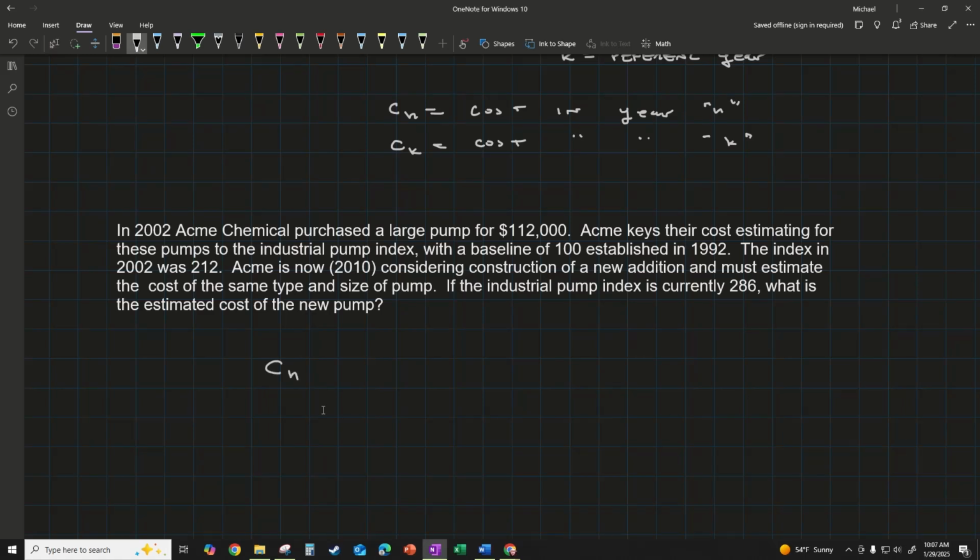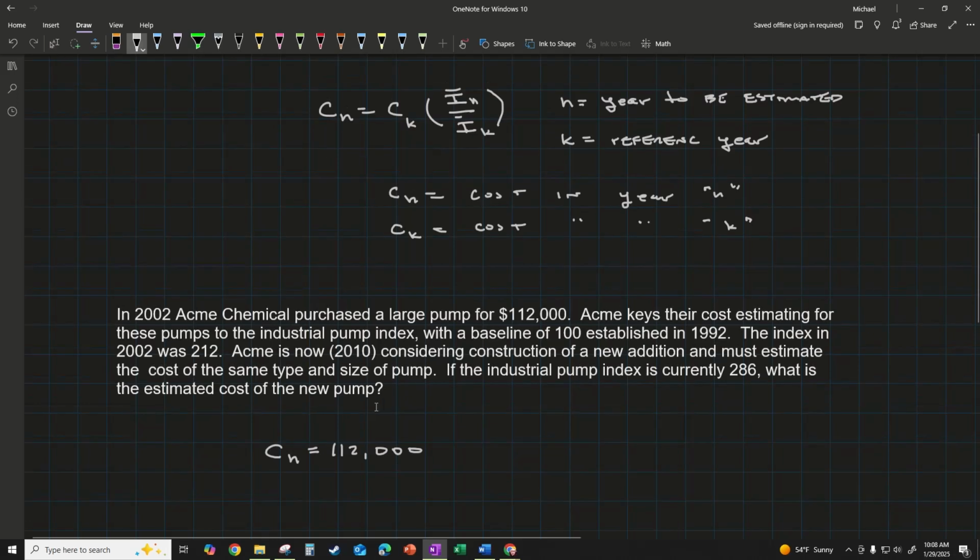So our C sub n is going to equal the original price from 2002, $112,000, times our index value today, 286, divided by the index value at the time of the $112,000, which was 212.